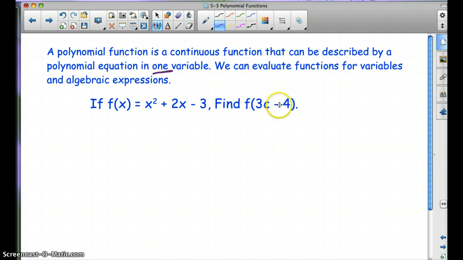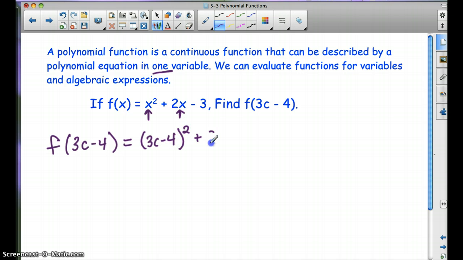We're going to plug in 3c minus 4 for every x that we see. So f of 3c minus 4 equals 3c minus 4 squared plus 2 times 3c minus 4 minus 3. Here we're going to FOIL, since it's a binomial.